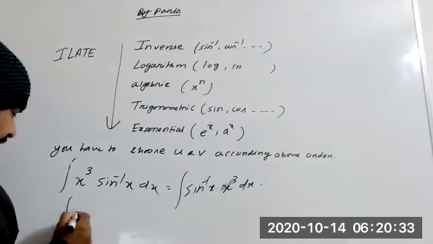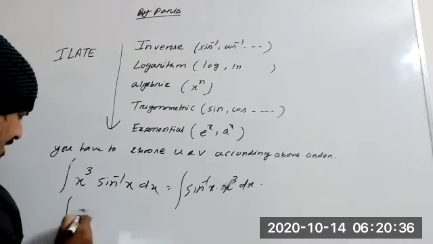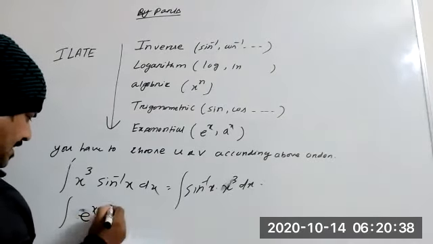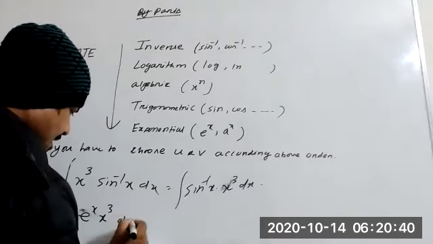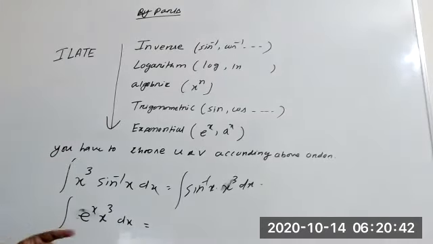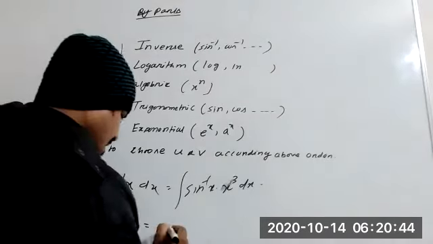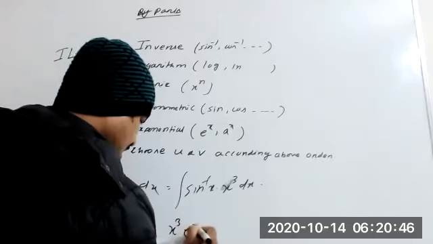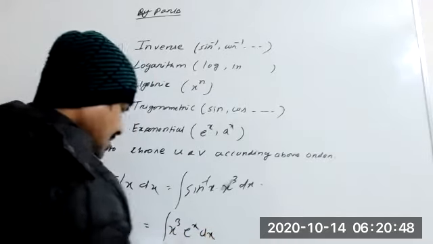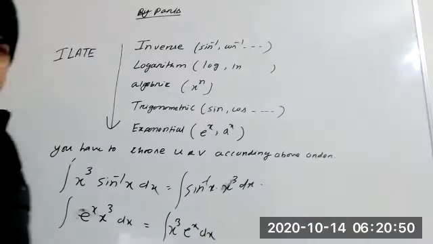Similarly, suppose the other one is e to the x cube, right? What would be its right order? x cube e to the x dx, right?